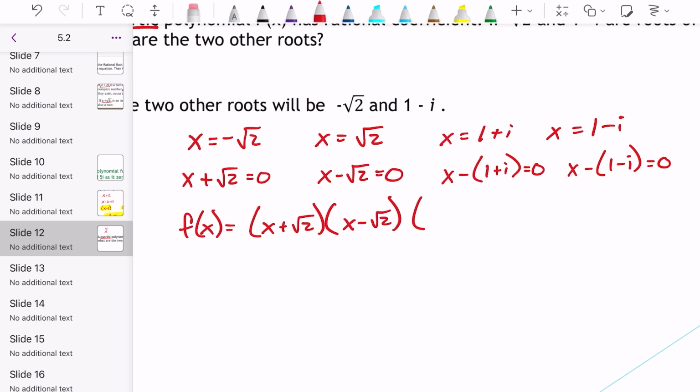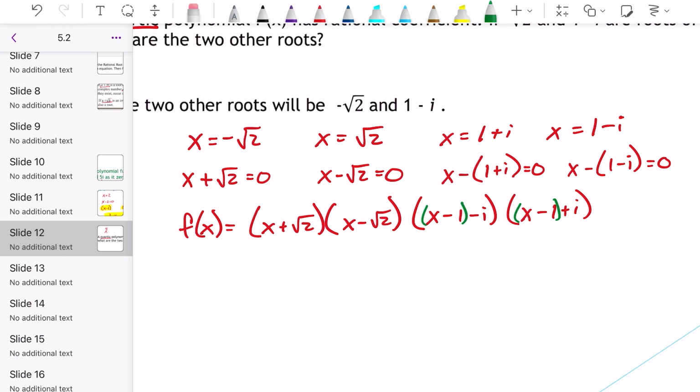Now, keep in mind this next piece, we are going to go ahead and distribute that negative. So this would be x minus 1 minus i, and we would also have x minus 1 plus i. We do see that our x minus 1 is found in both of our complex answers.